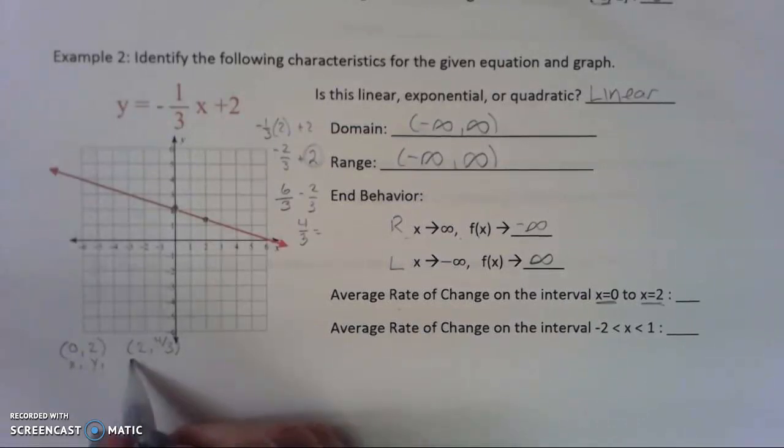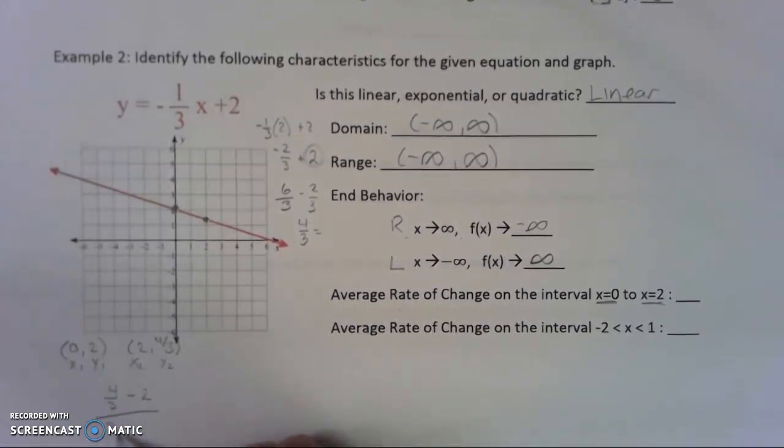If we do, this is x2 and y2, so 4/3 minus 2 over 2 minus 0. This is a 2. Again, if I change this to have a denominator of 3, this is going to be a negative 2/3 divided by 2.